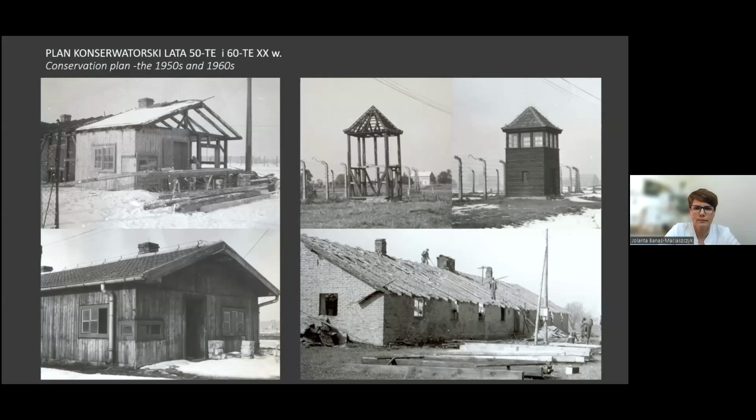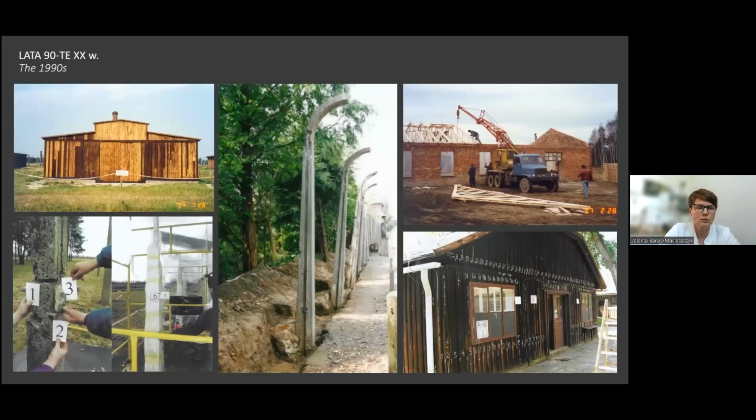The work on the buildings of the proper camp continues for decades. Another important moment was the 1990s, when the museum received substantial financial support from numerous European states and also various foundations. These funds were used for the most burning conservation practices on buildings, barracks, and also fencing of the former camp.